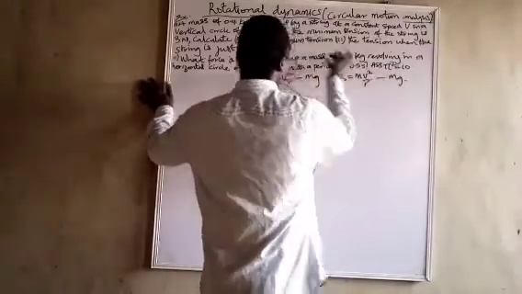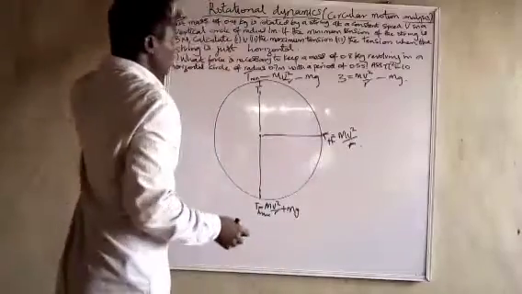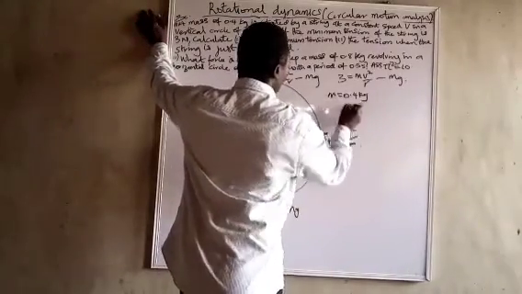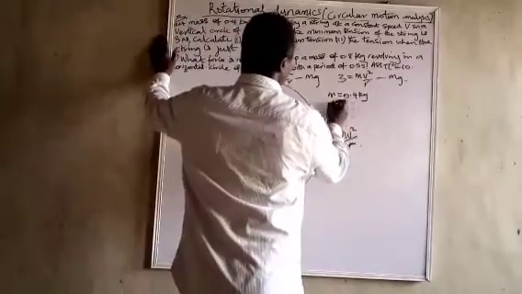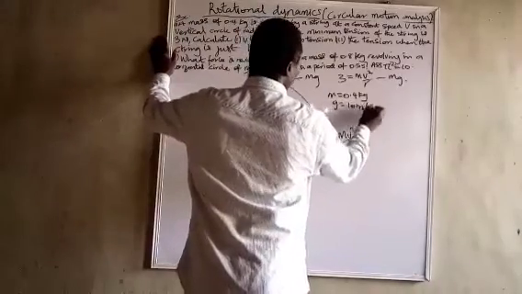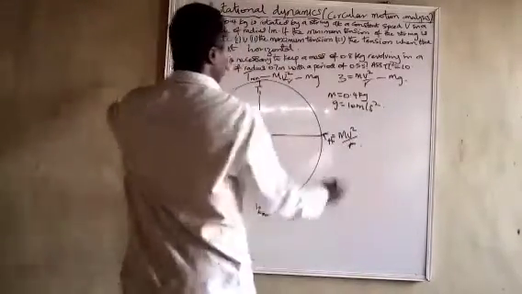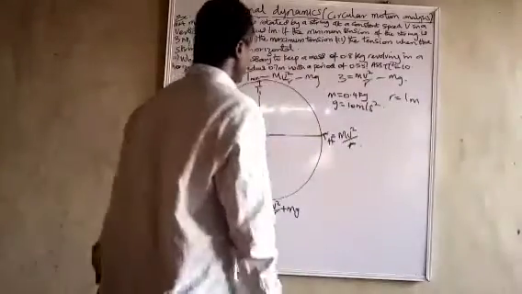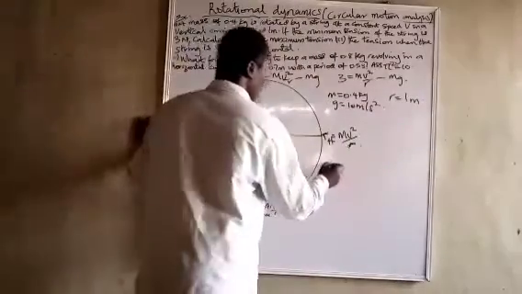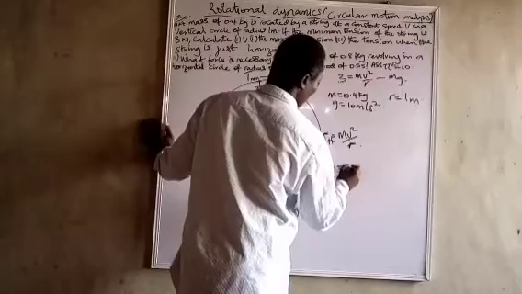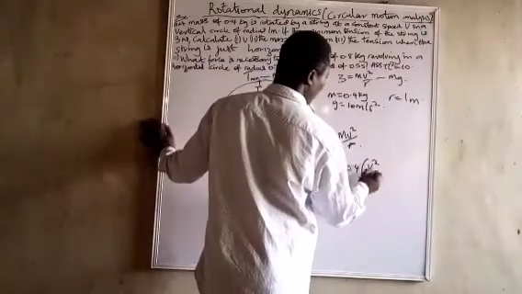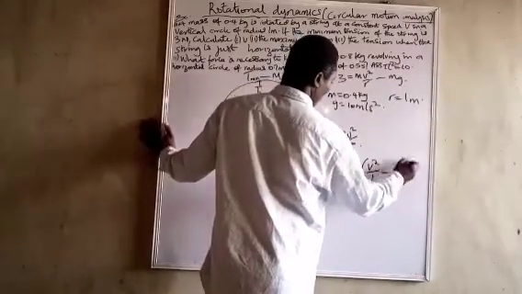Now let's extract our figures. m equals 0.4 kg, g is 10 meters per second squared, and r is equal to 1 meter. Let's find our v, which we are asked to find first. So 3 equals 0.4, m being common to both, v squared over 1 minus 10.